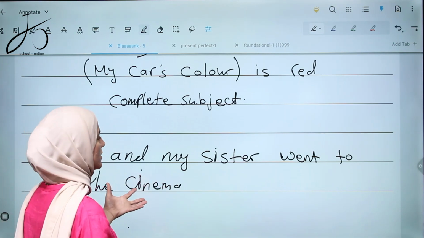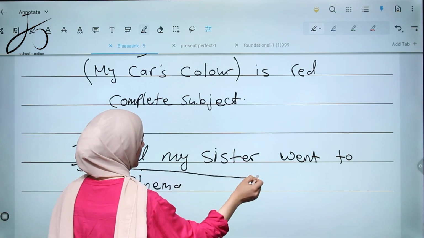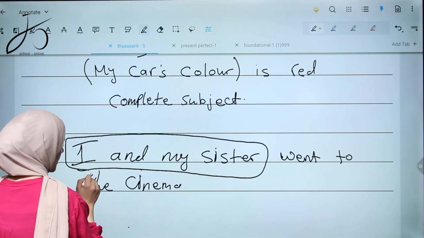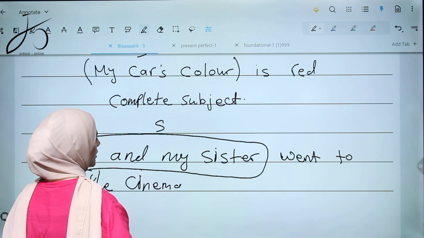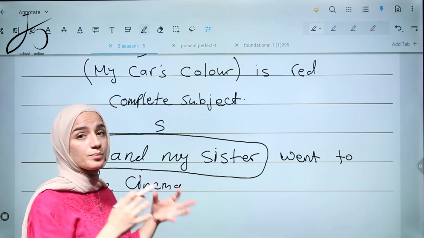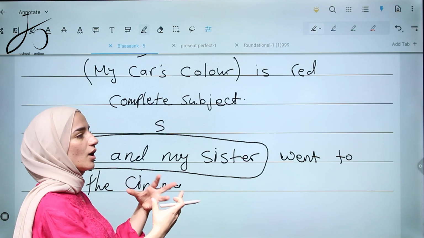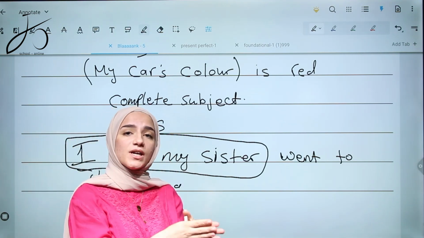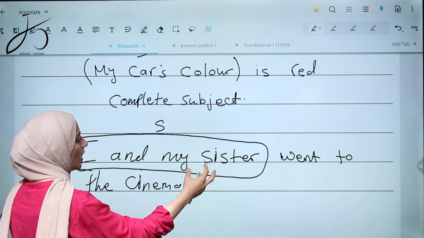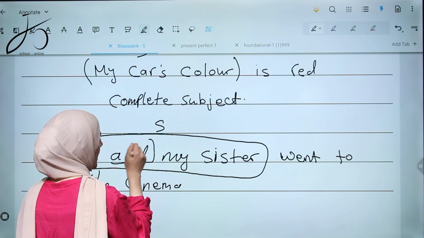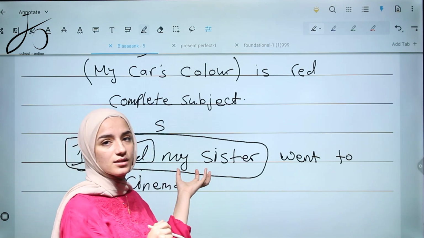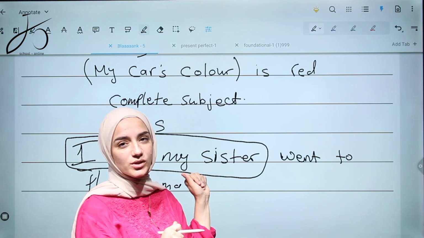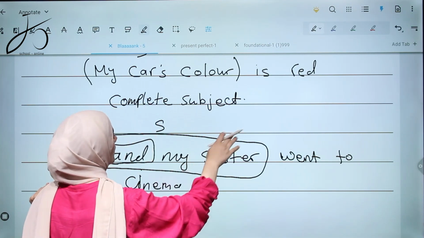Here is I and my sister, all of these are the subject. We call it a compound subject because we have two nouns. عندنا اسمين بالفاعل. We connected them by and. So we call it compound subject.